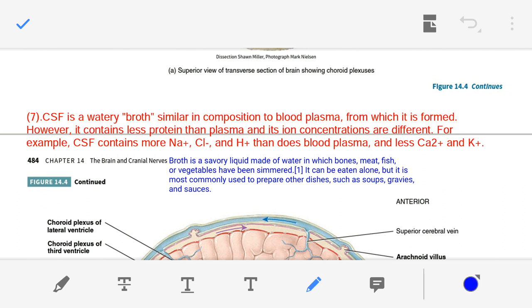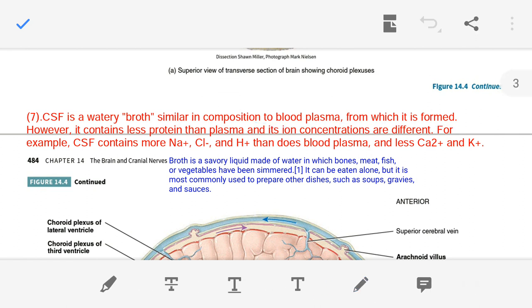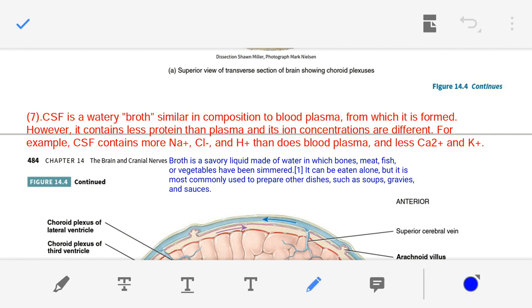So CSF is a watery broth, and the composition of CSF is similar to blood plasma, and this CSF is formed from the blood plasma, it comes out from the blood plasma. When we see the composition of CSF, CSF contains less protein than the plasma, and the ionic concentrations are different.